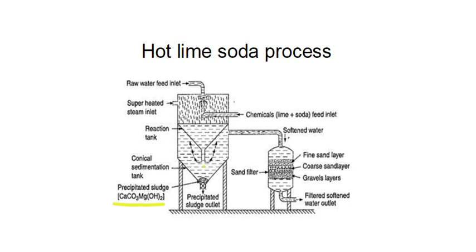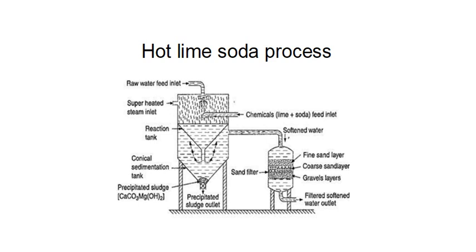and this can be taken out by opening the bottom valve so that all the sludge comes down. The water that is softened comes to another tank. You can see a side tank is there. This side tank has some beds for filter.